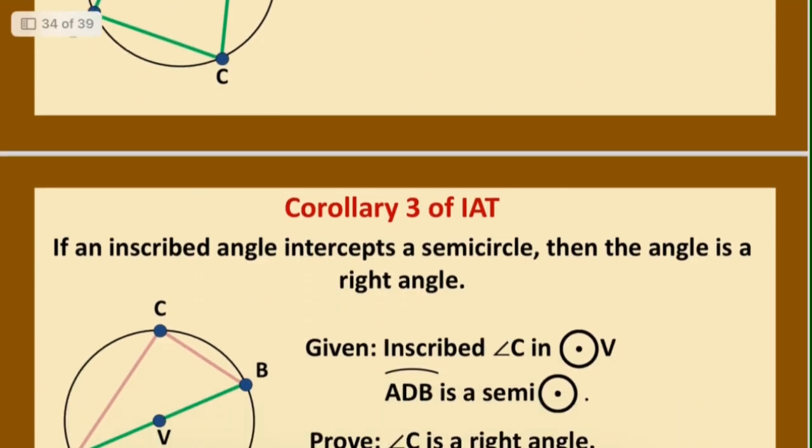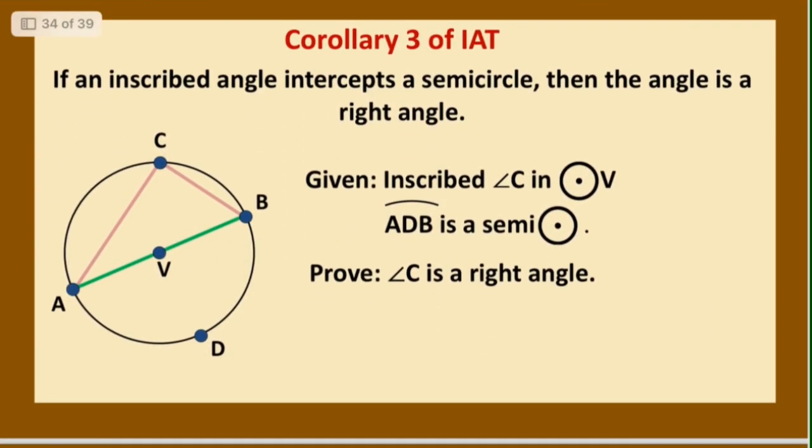So let's proceed with corollary 3. Now, if an inscribed angle intercepts a semicircle, then the angle is a right angle. You know what? This one doesn't have to be complicated though. You have here angle ACB, right? I'm highlighting it. So the angle ACB right here, what makes it a right angle? This is the explanation that I'll give. It's a student explanation also.